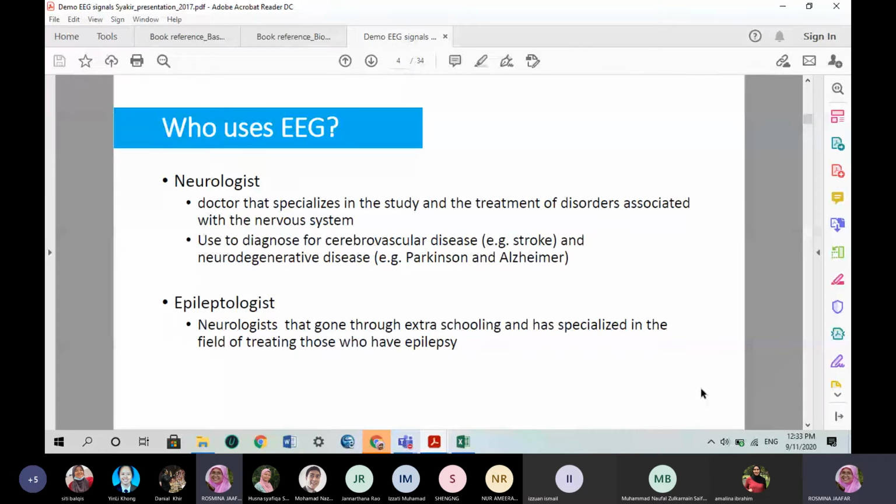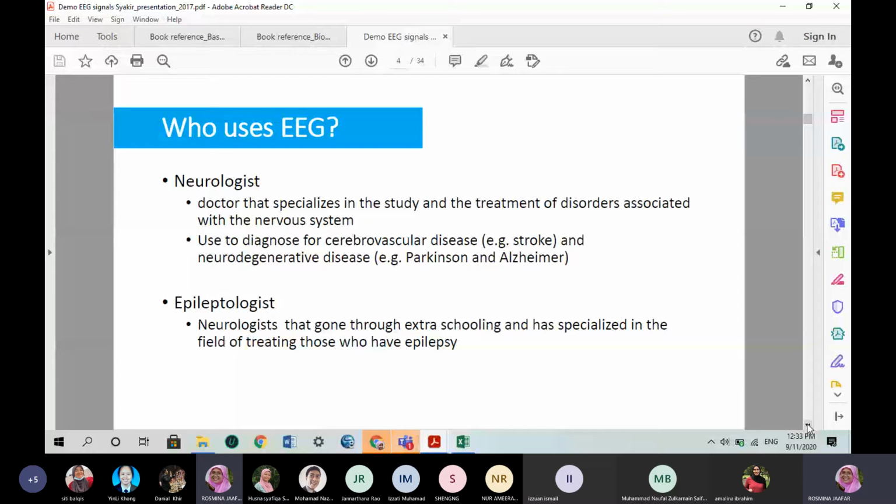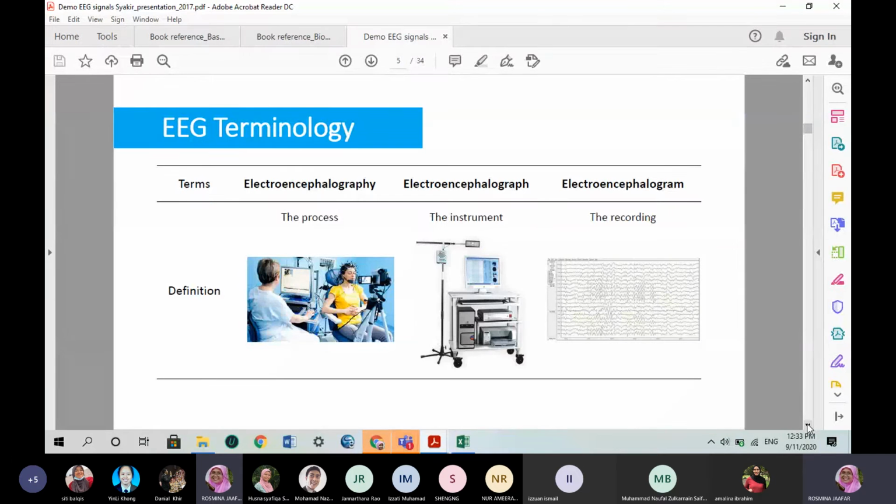So epileptologists adalah pakar penyakit sawan, because they look at the EEG to identify if there is any abnormal feature that they can use to help the people with epilepsy. Because epilepsy is difficult to cure, what they can do is simply monitor.